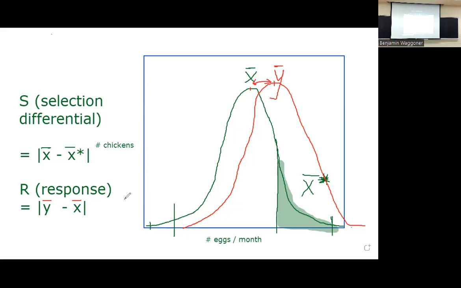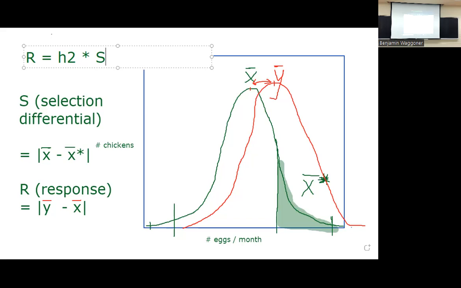Okay, so the selection differential is a measurement of how strong your selective pressure is. R is the response to selection. R is a measure of how strong the effects of your selection were. And the breeder's equation is R equals narrow sense heritability times the selection differential.